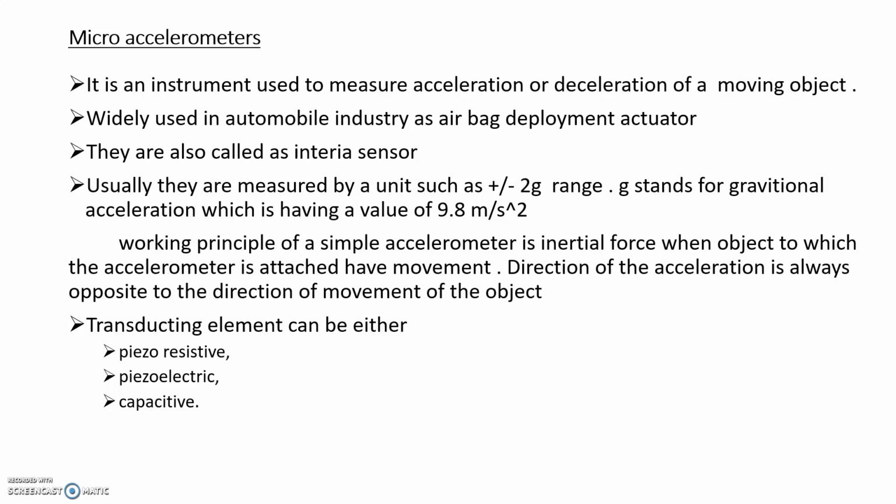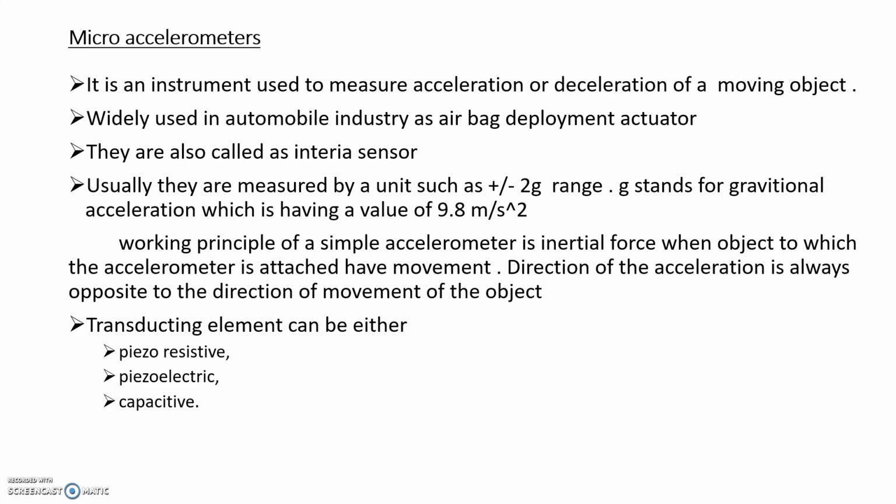How the accelerometer works is that we place the accelerometer in a moving object. We are not saying that these accelerometers are placed when the body starts moving. Actually, the accelerometers are present inside the system.